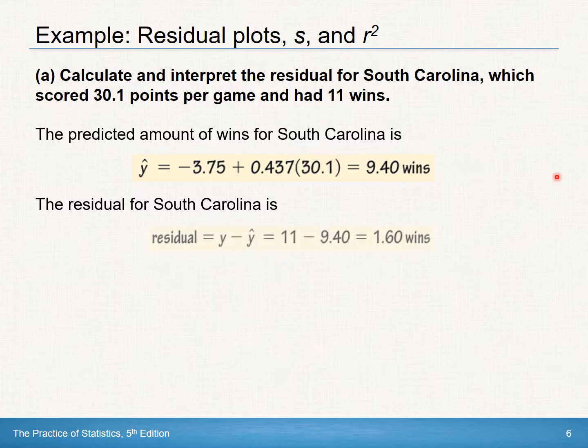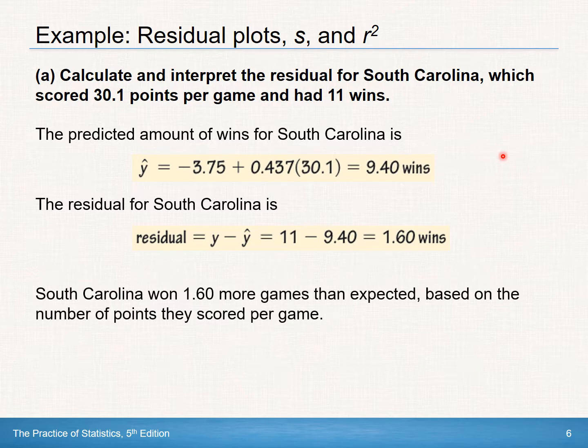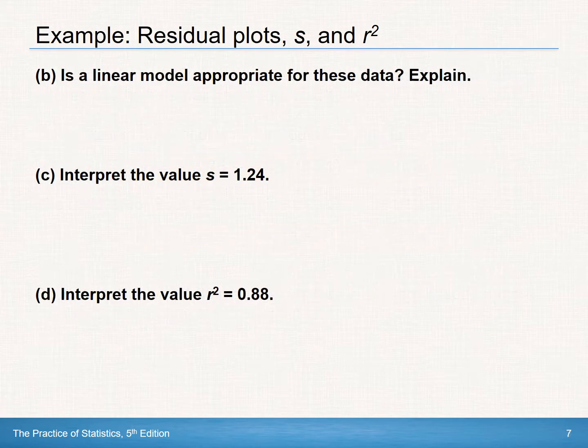So the residual for South Carolina is the observed value minus the predicted value, 11 minus 9.4, which is 1.60 wins. So what does that mean? That means that South Carolina won 1.60 more games than expected based on the number of points.